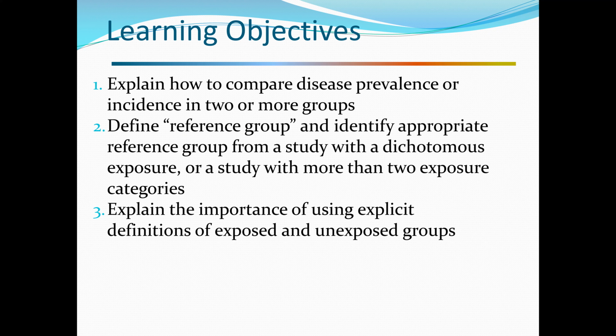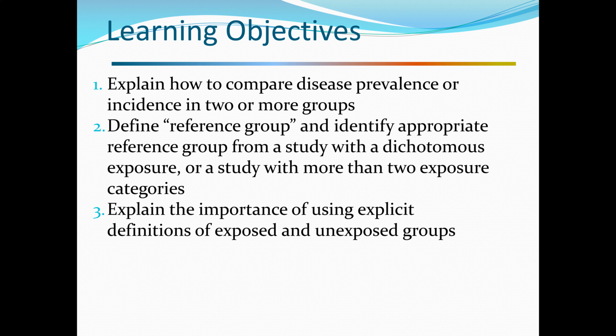In our previous lectures, we had a definition of prevalence and incidence. Prevalence deals with the proportion of people who have the problem, and incidence deals with the new cases over those who are at risk of getting it.